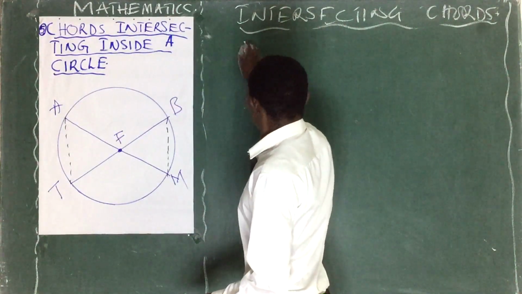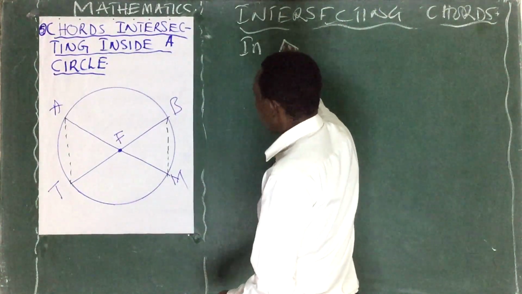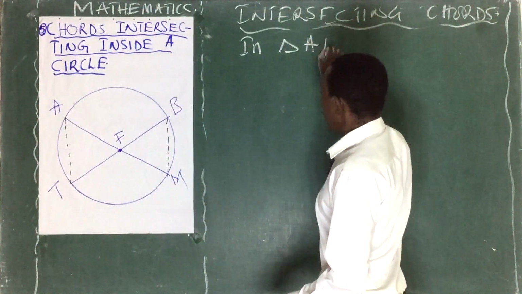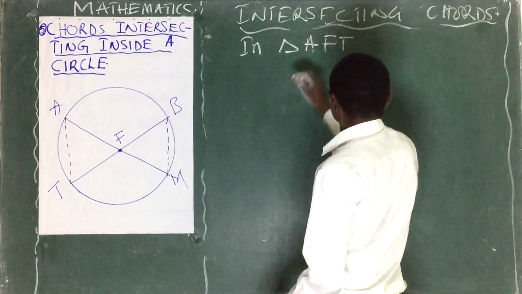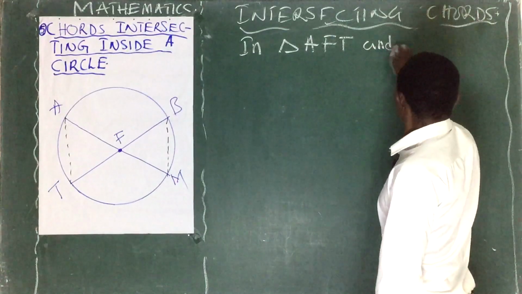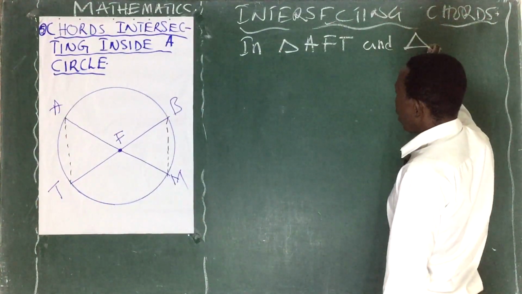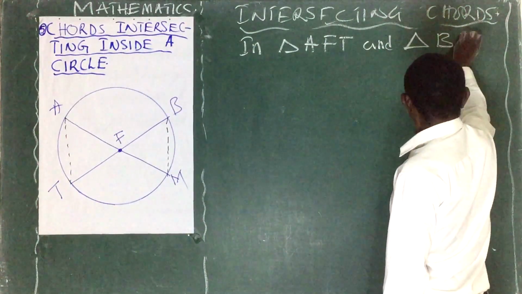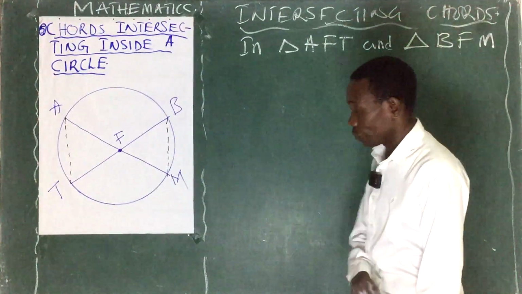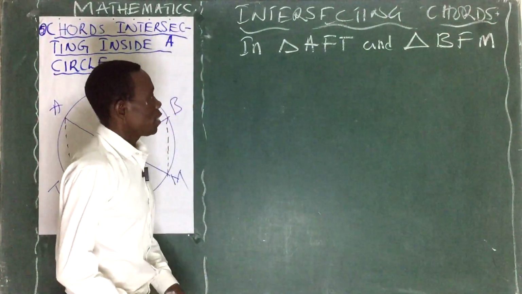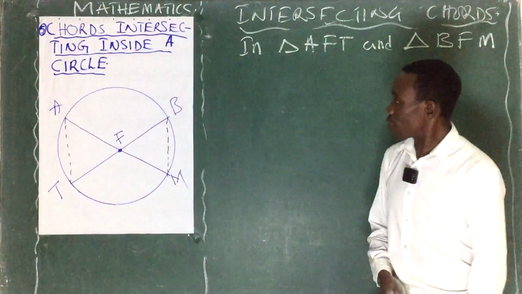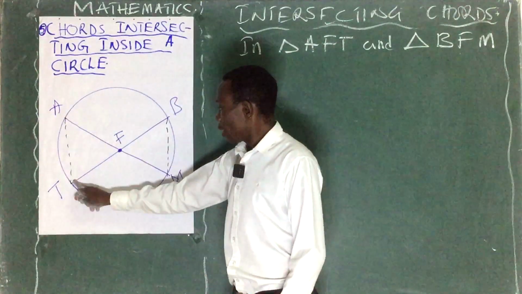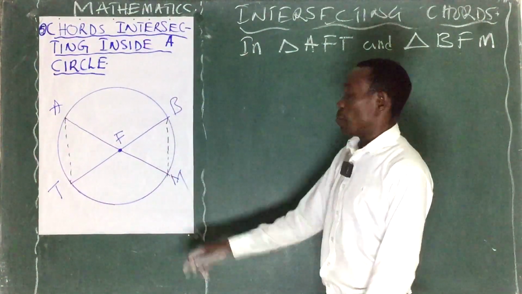You talk of triangle AFT and the triangle BFM. The two triangles have been generated from the two chords after joining A to T and B to M.